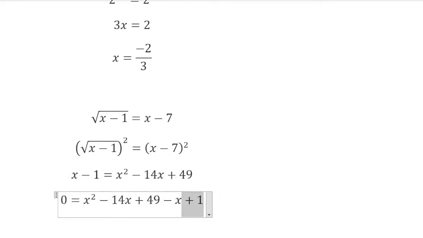Remember, when you're transposing a term, we are taking a term from one side of the equation to the other side. In this case, we took x minus 1 to the right hand side. So now let's write it in a proper way.